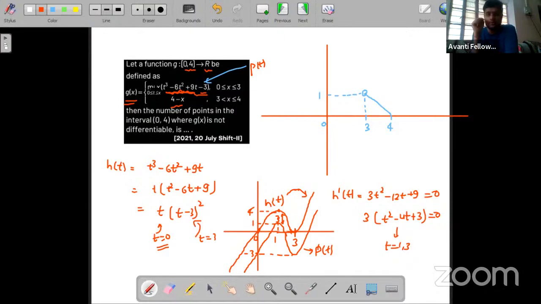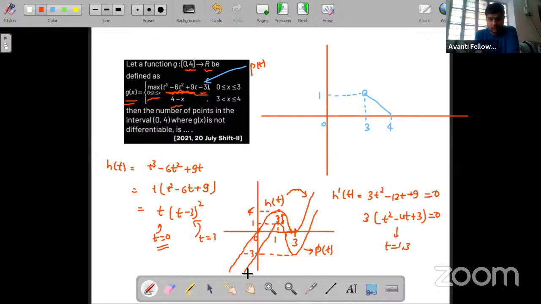So p of t we have to draw, but what we have to find out is the maximum value when the value of t is lying from 0 to x. X is a variable. So let's just think of any value which lies between 0 to 3. Let's say 2. So what will happen at x equals 2?